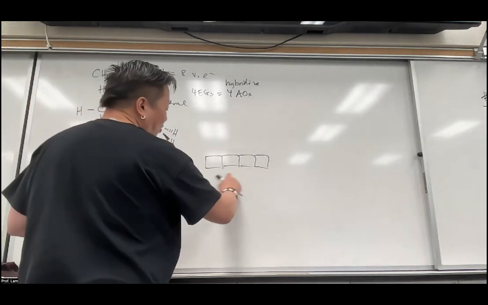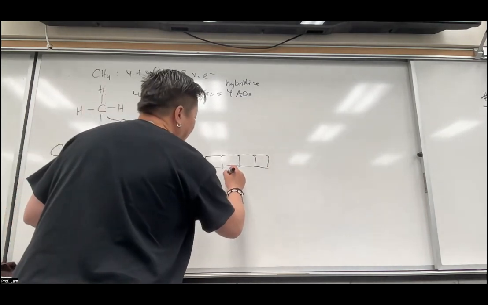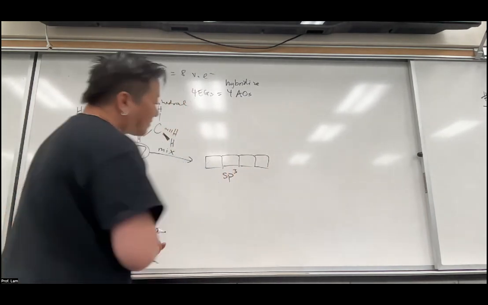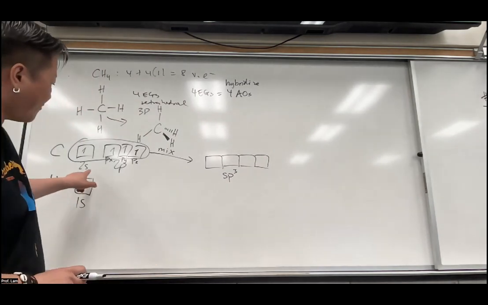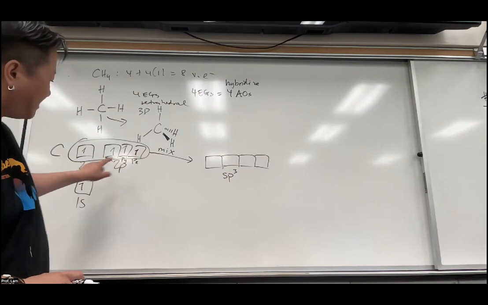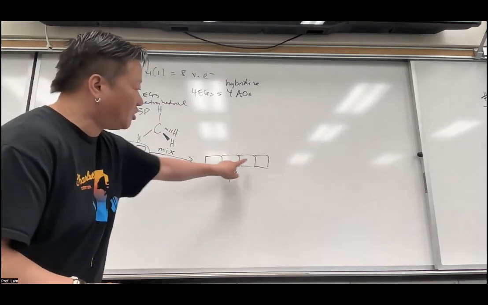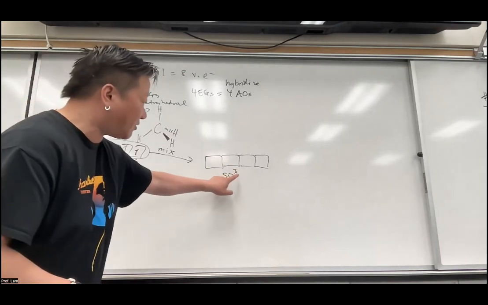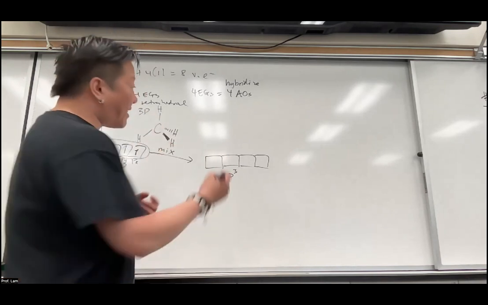And what am I calling these new hybrid orbitals? sp3. Okay, nice and simple, right? Because they're composed of what? 1 s orbital. The mix inside the mix was what? 1 s orbital and 3 p orbitals. So the new orbitals are all called sp3, and there are 4 of them, right? So 4 in and 4 out. That's how I remember it.